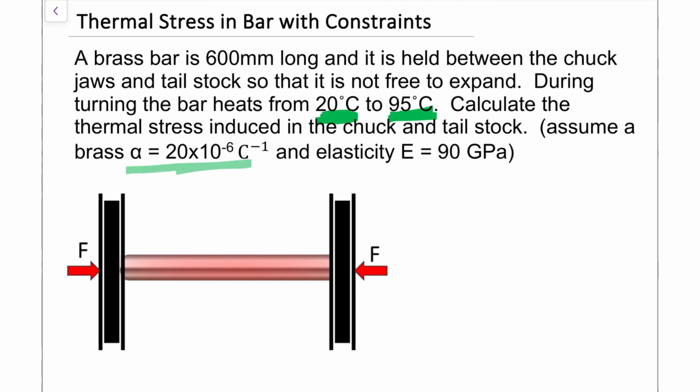We have these values for our coefficient of thermal expansion, and we have our modulus of elasticity there. So let's get into the calculation, and you should be fine with this one because I'm going to break it down step by step.